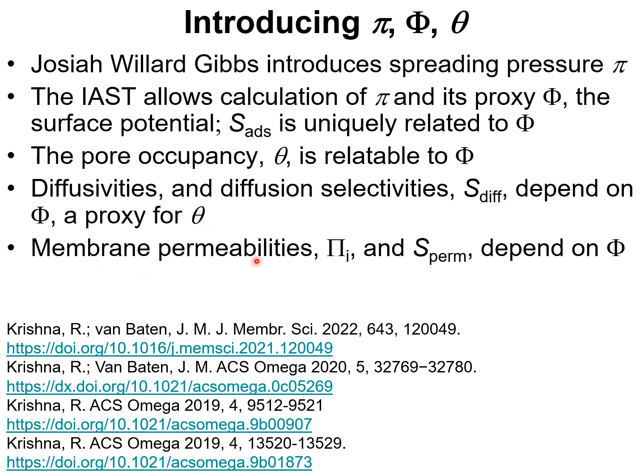The membrane permeabilities and the permeation selectivities are uniquely dependent on phi. That is what we shall demonstrate in the forthcoming slides. All the background theories to our approach are described in detail in these publications that you may refer to.